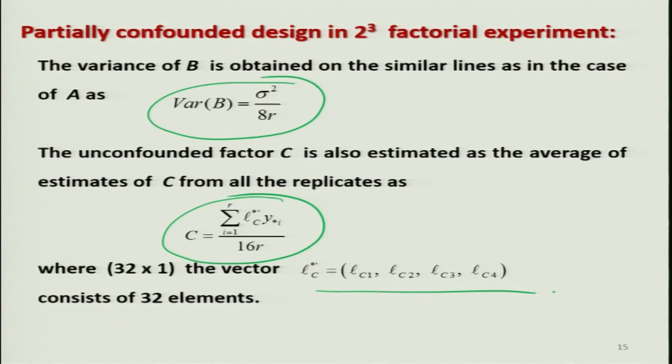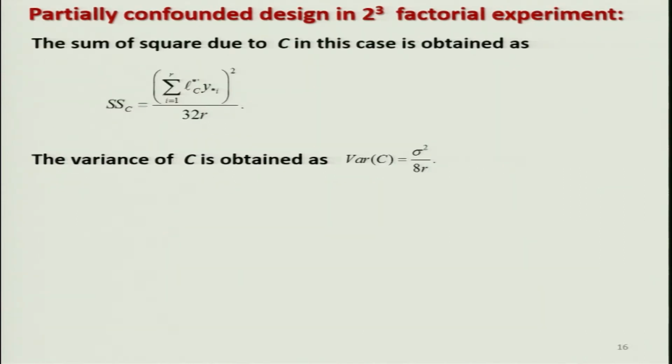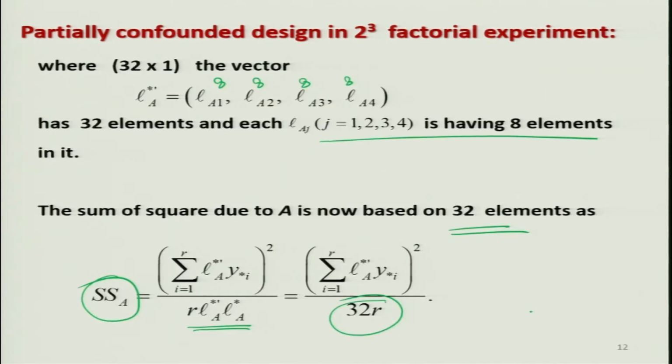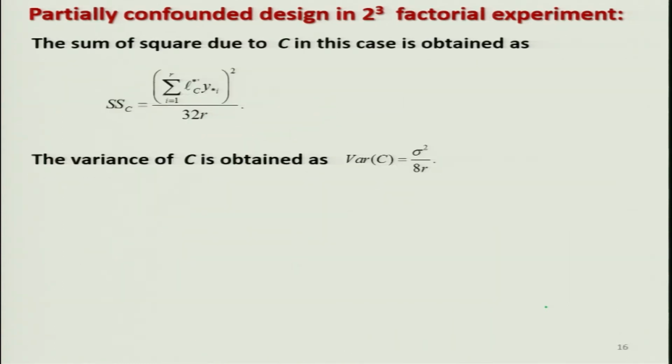That is going to be a 32 by 1 vector. Now, if you want to find out the sum of squares due to C, that is again exactly on the same line. You already have found the sum of squares due to B, and earlier you also found the sum of squares due to A. So, I can directly write down the sum of squares due to C exactly on the same line as summation i goes from 1 to R L C star transpose y star i whole square divided by 32R.